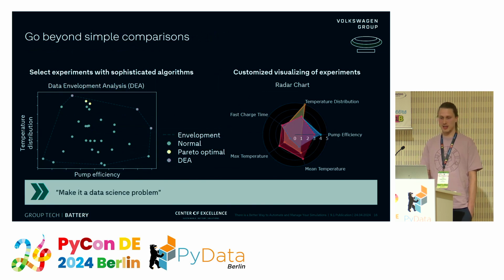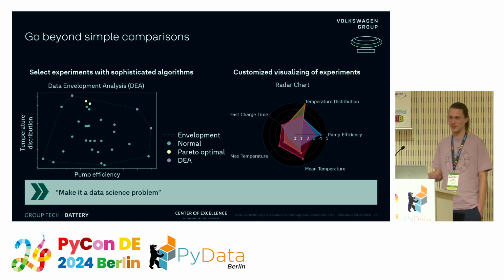So how could this look like? I think there are two really good use cases. First of all, you can use really cool and sophisticated algorithms to select your experiments. Here I've just shown you the data envelopment analysis, which I'm a really big fan of. I'm not going to go into detail how this especially works, but it builds on top of the Pareto optimal analysis. And the second use case is you can do customized visualizing of your experiments with really fancy charts. So for example, if management wants a radar chart, you can make a radar chart.